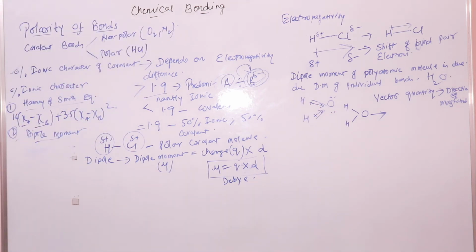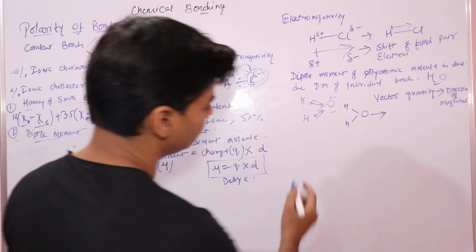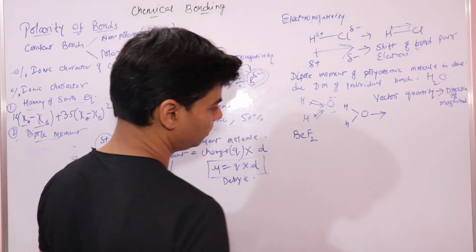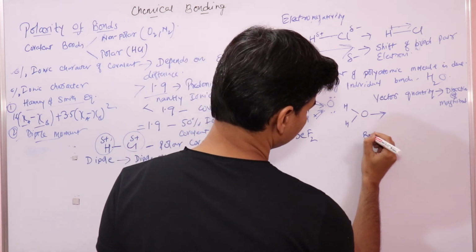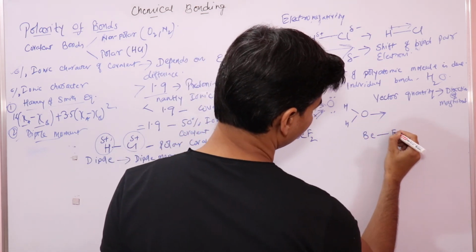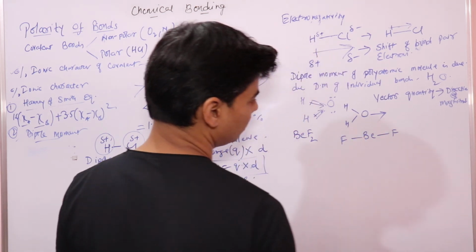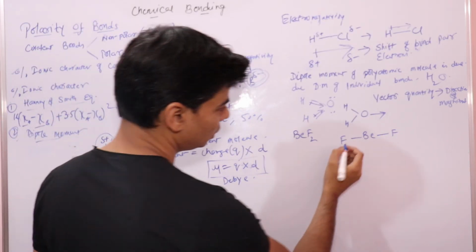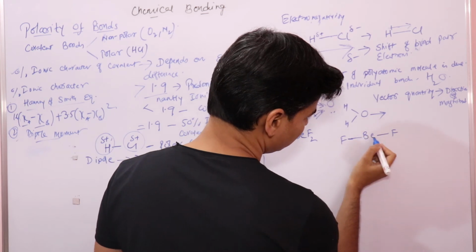Now let's look at some other examples. The dipole moment of the BeF2 molecule, beryllium fluoride. It's like this, Be and fluorine.